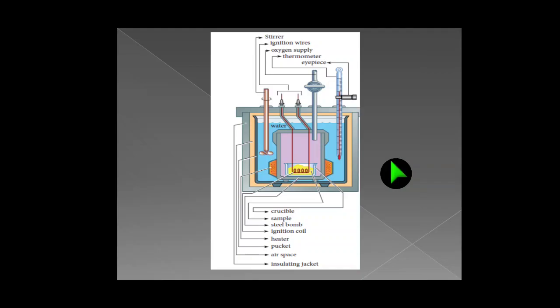The inner vessel, the bomb, and its cover are made of strong steel. The cover is fitted tightly to the vessel by means of a metal lid and a screw.